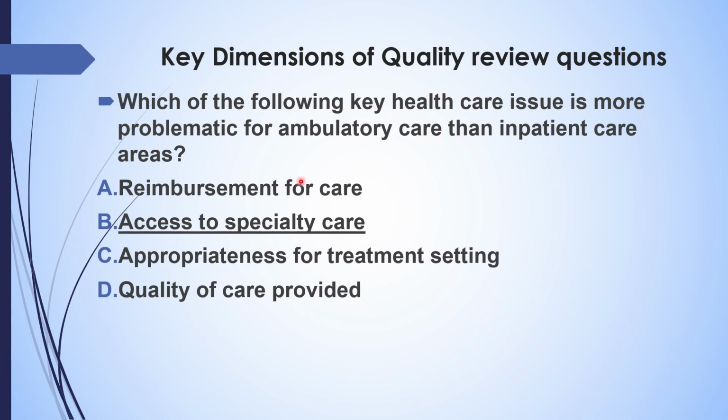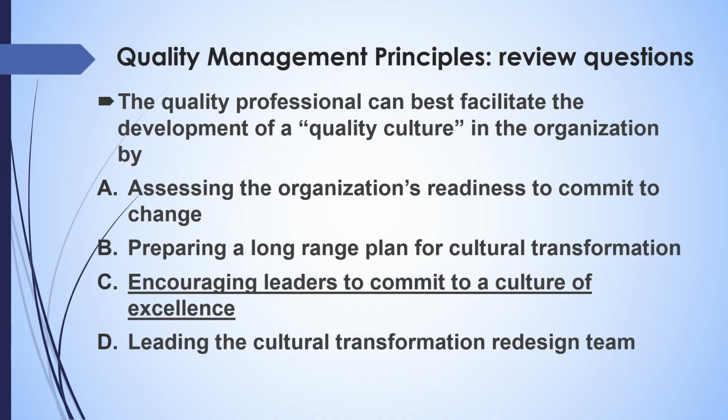Out of these options, the correct answer is access to specialty care. See, in inpatient settings, there is specialty care, but in ambulatory care, there is no specialty care. So that is how you need to look into these questions.